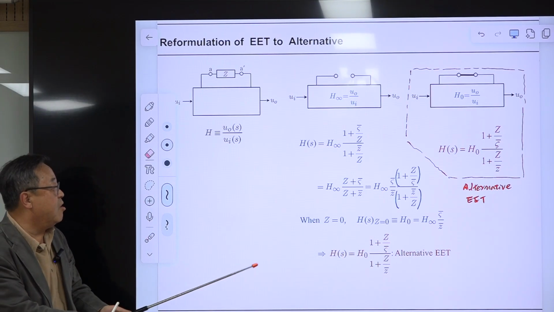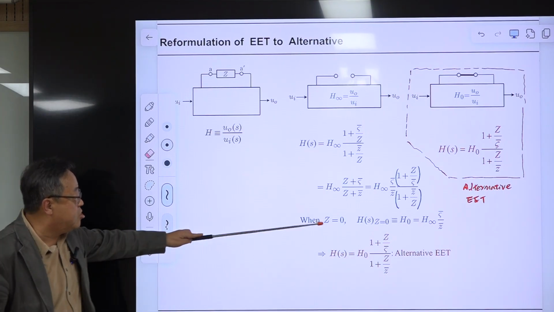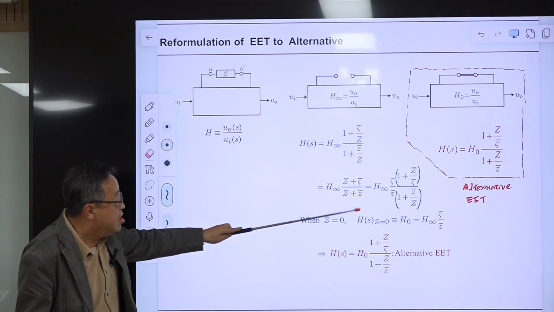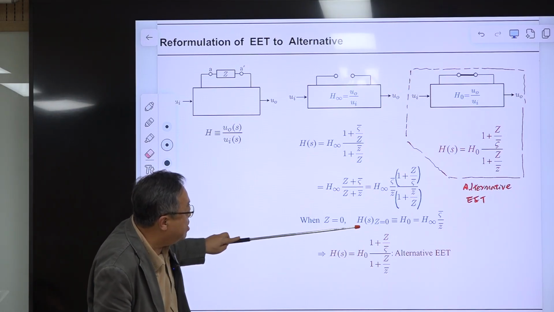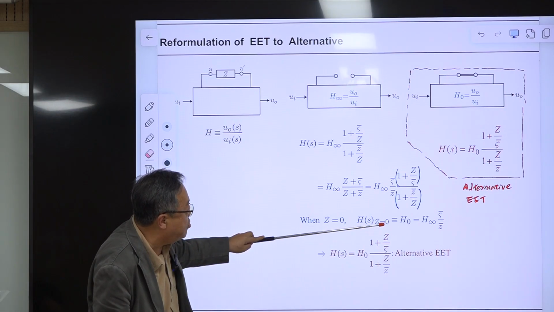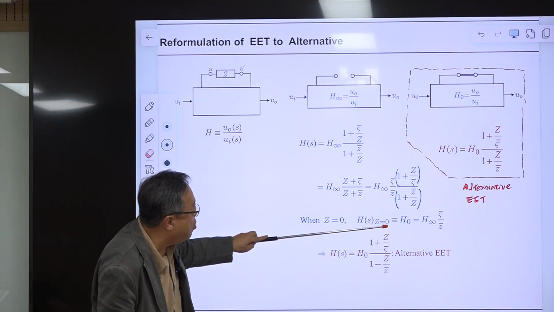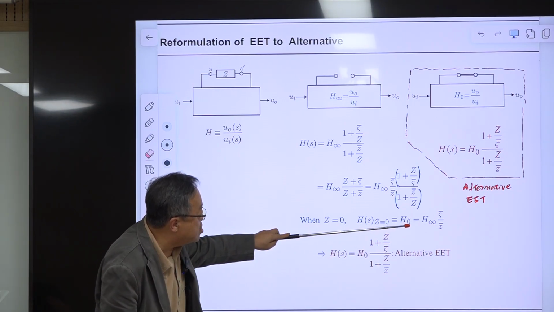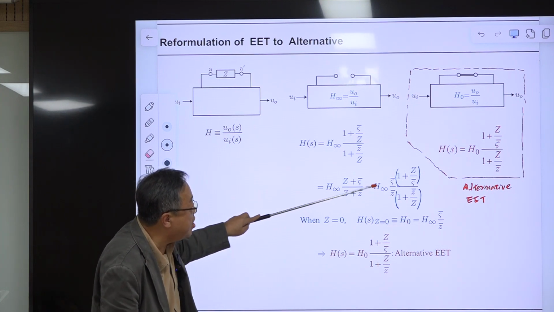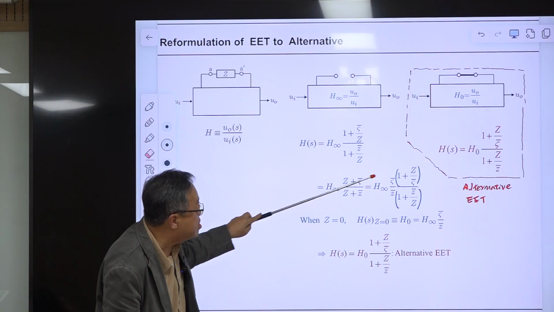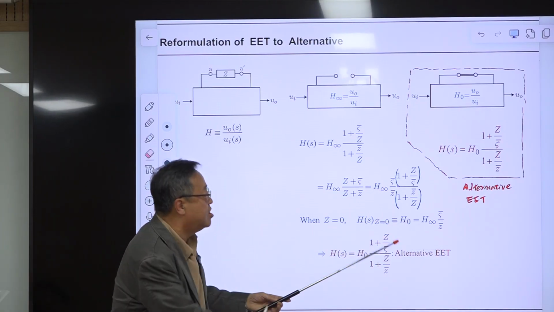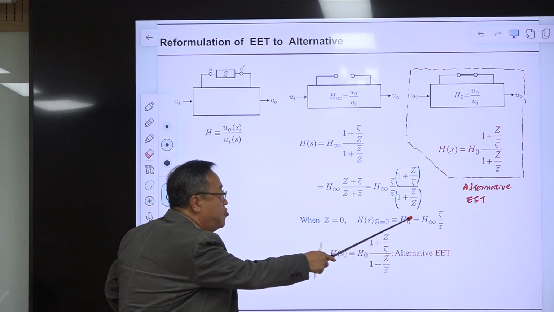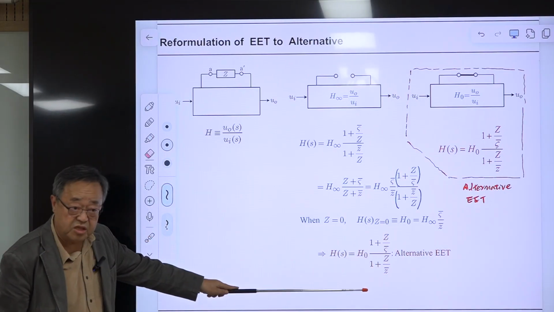Then you assume G is 0, then this is 0, this is 0, then H is evaluated with G equal to 0. This is the notation H0. So H0 can be expressed as this one, replaced with H0. Then you have this equation.